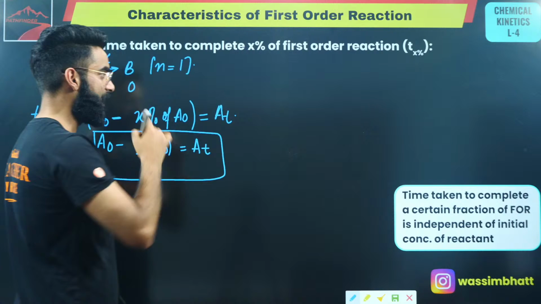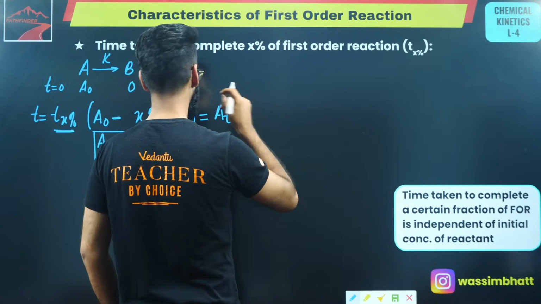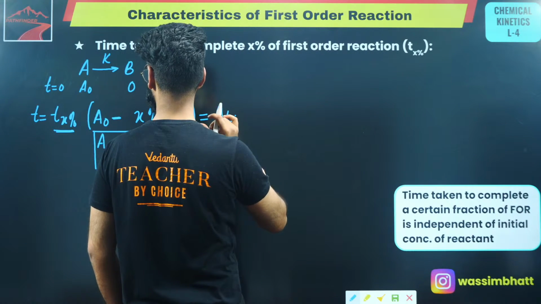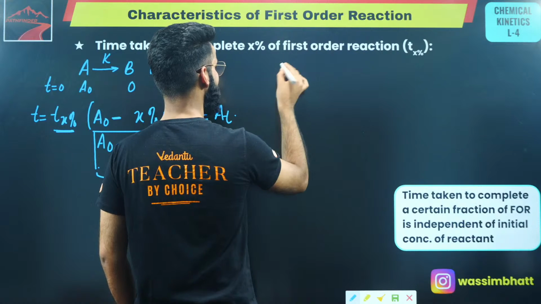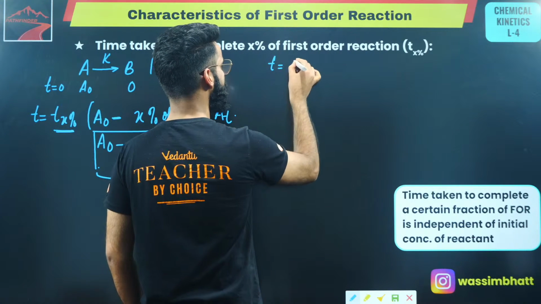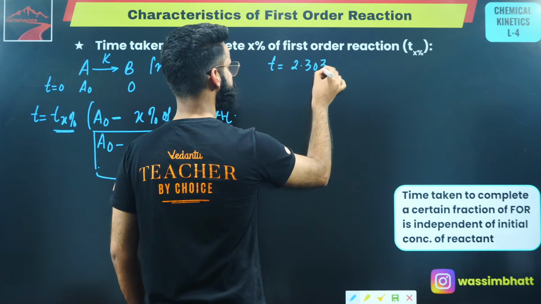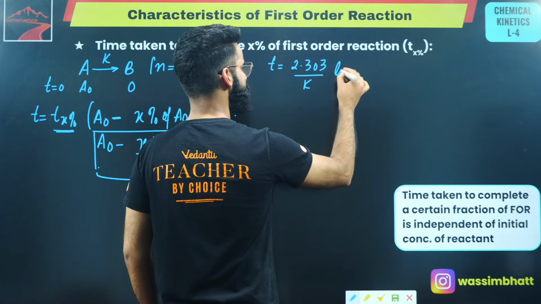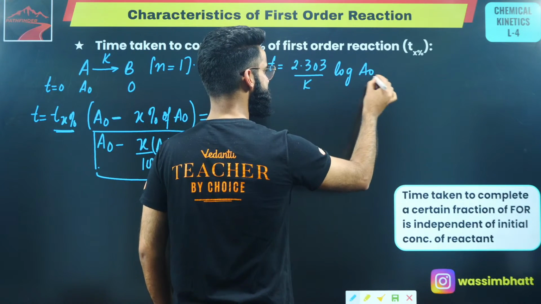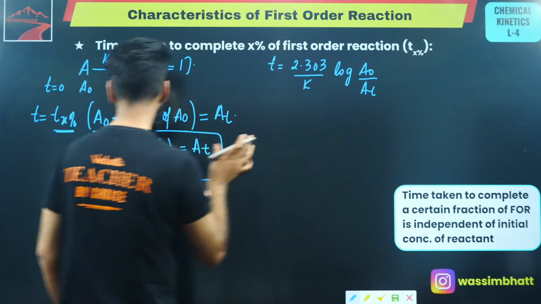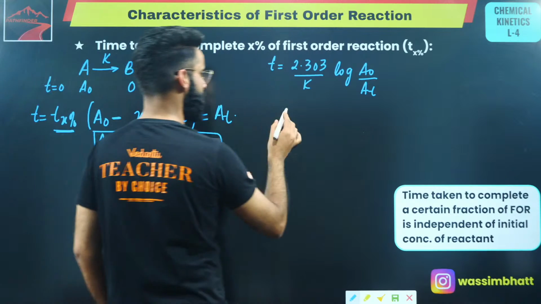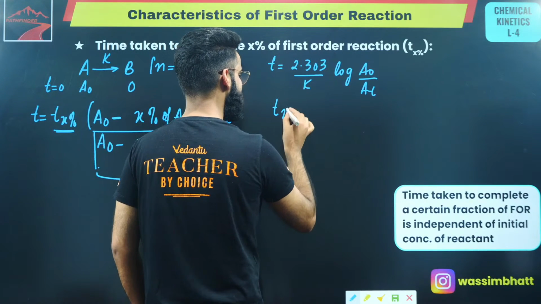Now if I use the integrated rate equation, what was my integrated rate equation all about? I used to write t is equal to 2.303 divided by K, log of A naught divided by AT. Now if I put this condition into this equation, instead of t, I'll write t X%.